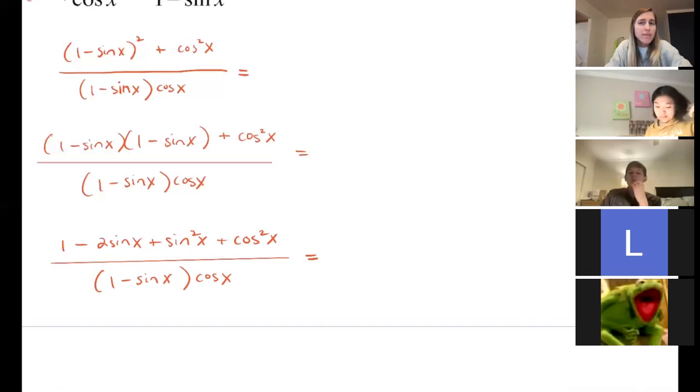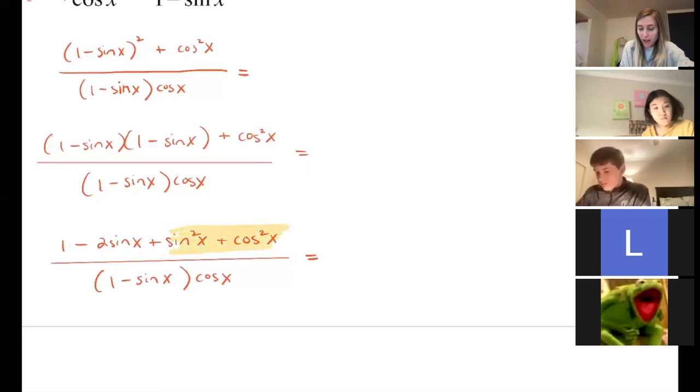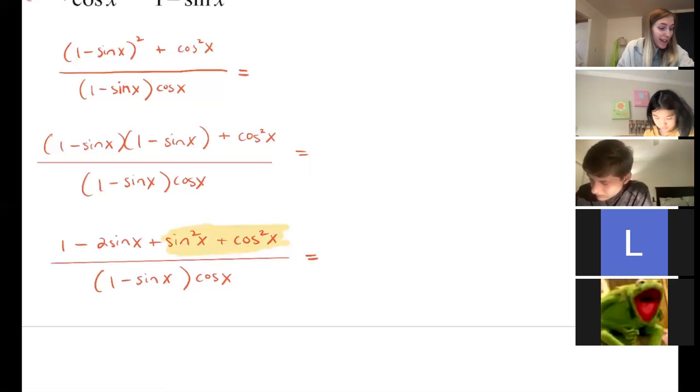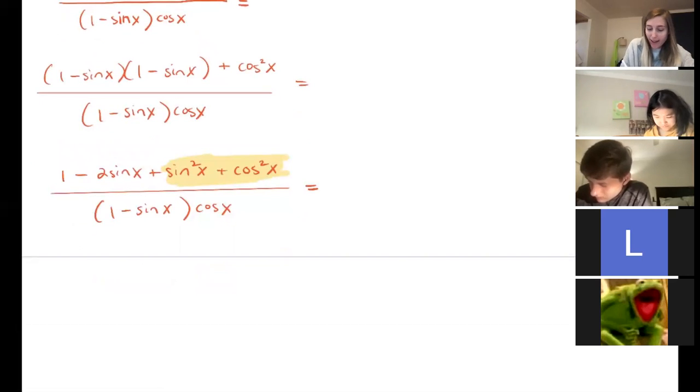I'm just going up the list. I don't know. Maybe the denominator, where it's 1 minus sine x times cosine x. Actually, maybe not. Or maybe in the top, where it's sine squared of x plus cosine squared of x. That's equal to 1. Sine squared plus cosine squared is equal to 1.